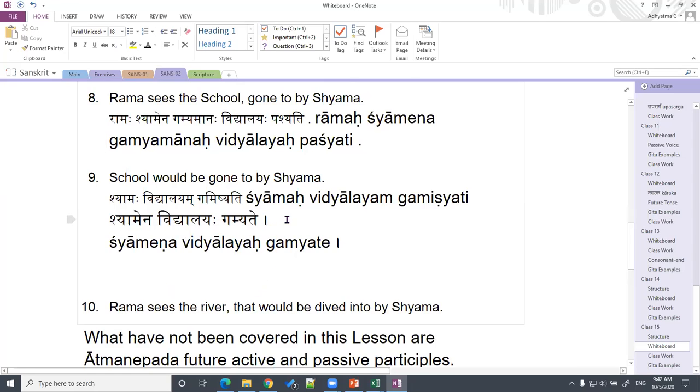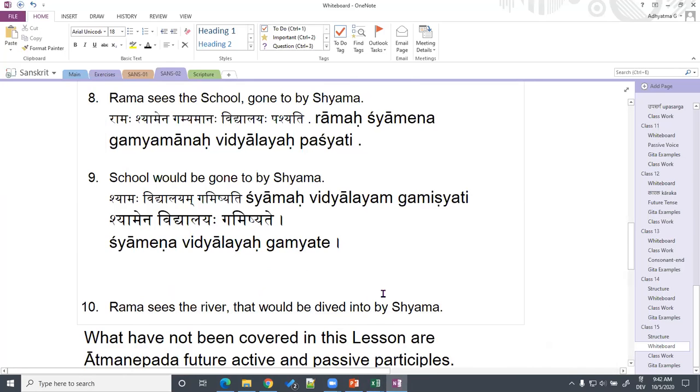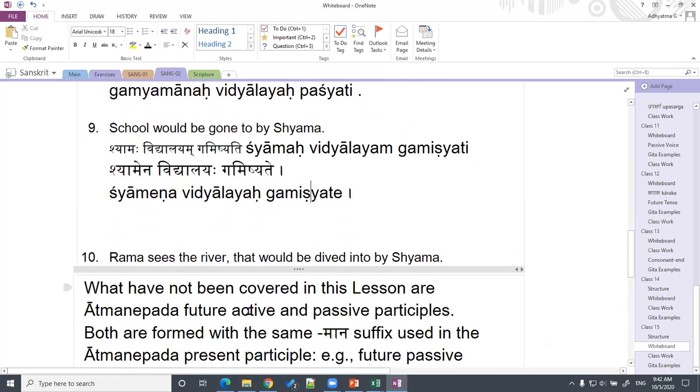So Shyamena Vidyalaya Gamishyate. School would be gone to by Shyama. That's the simple sentence. Now we see how we use the participle.